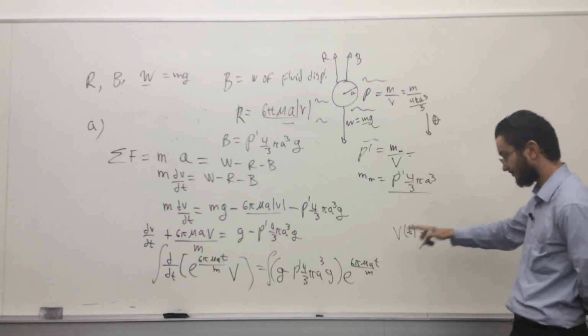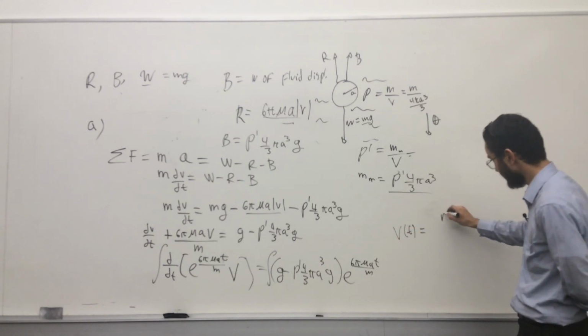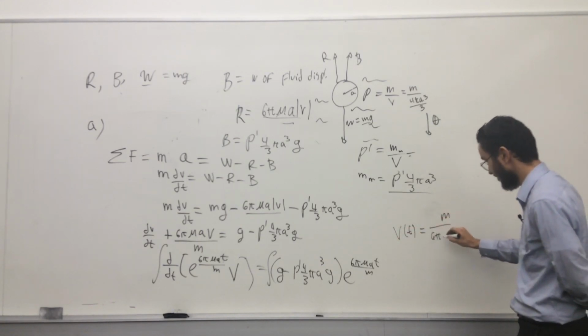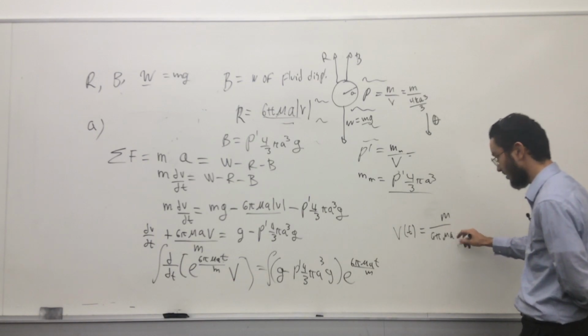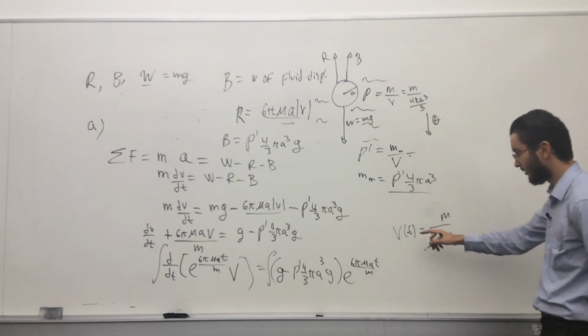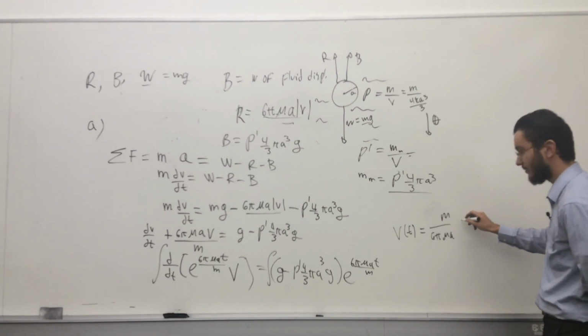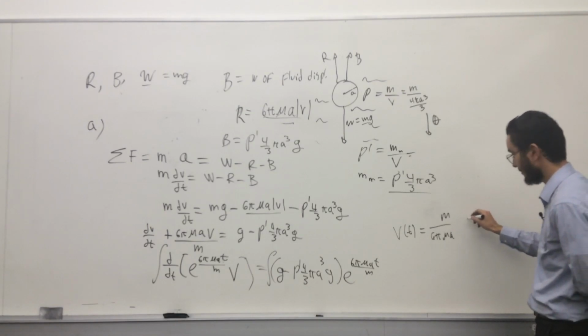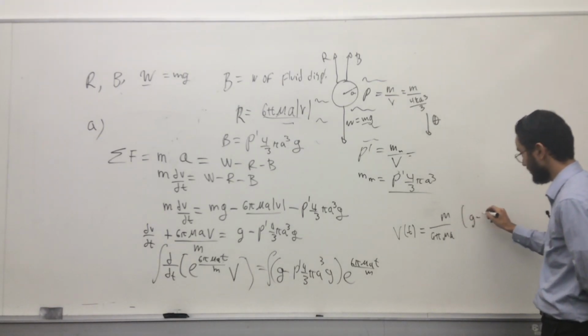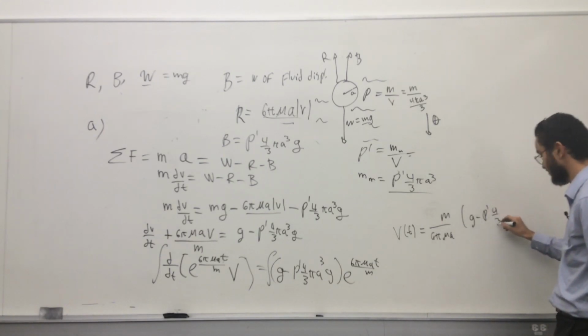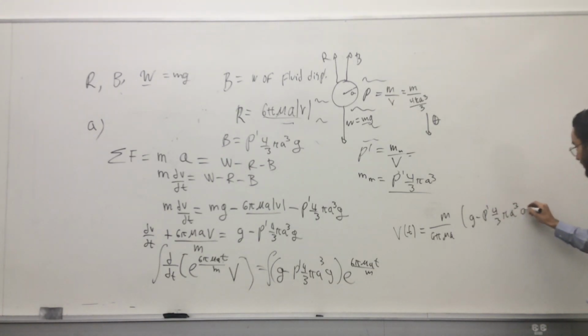It's going to be m divided by 6 pi mu a, times all this times g minus rho prime 4/3 pi a cubed times g, and then multiplied by 6 pi mu a t over m plus some constant c.